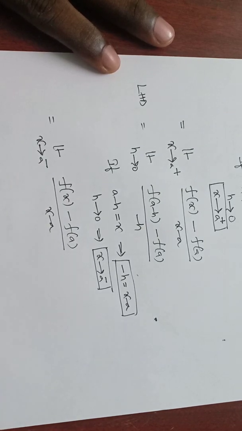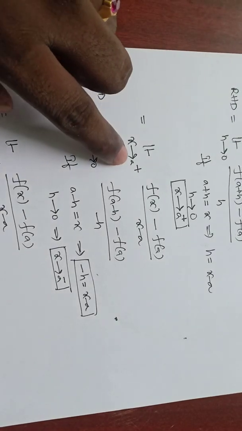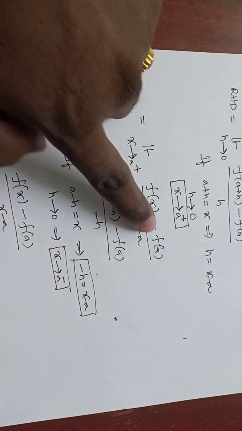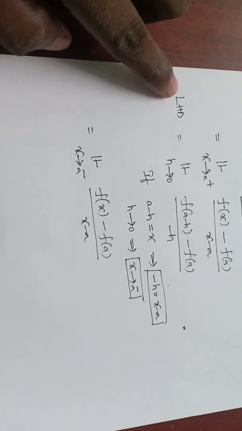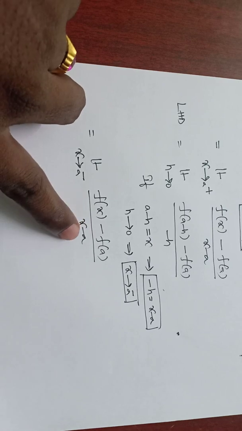Clearly, what is the right hand derivative? Limit x tends to a plus of f of x minus f of a by x minus a. What is the left hand derivative? Limit x tends to a minus of f of x minus f of a by x minus a.